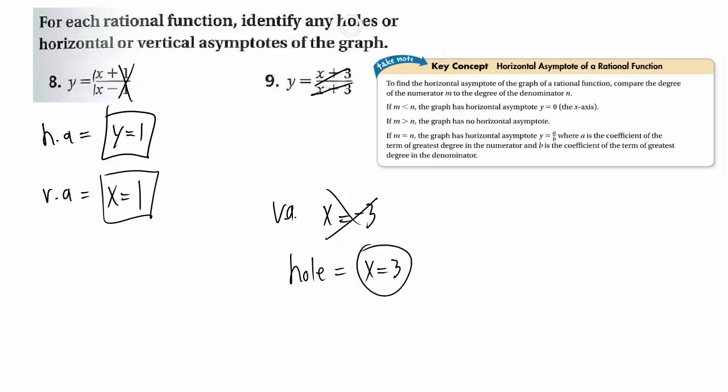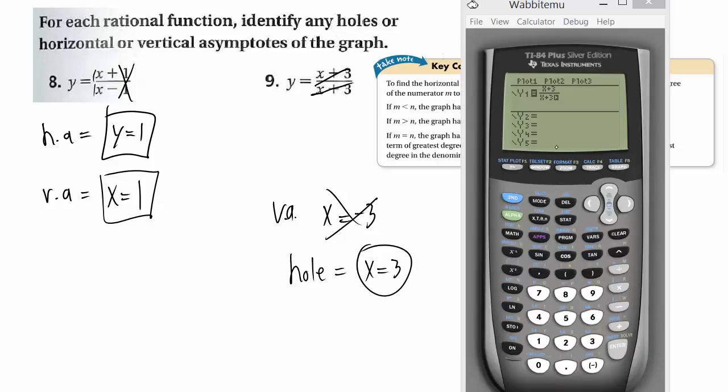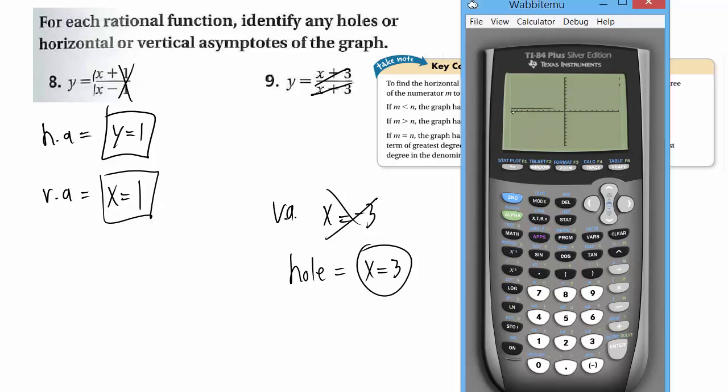We also call that a removable discontinuity. Now, you will never be able to really see the holes graphically unless you go straight to that point and your function will output that it's undefined. Just to show you what this function looks like, it just levels off because these cancel out. This is effectively y equals 1.